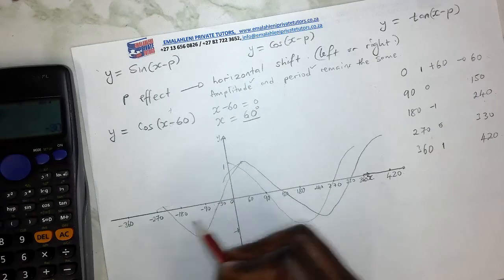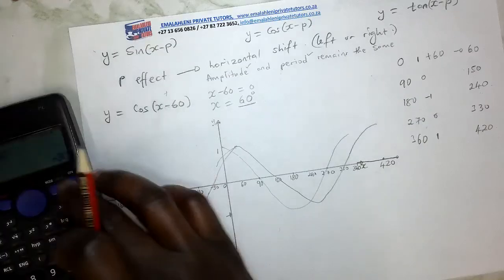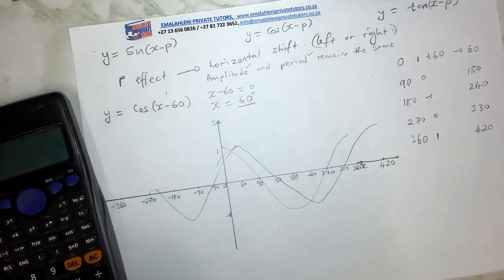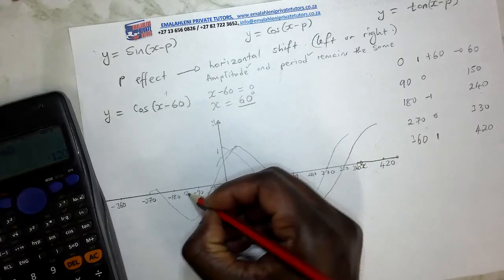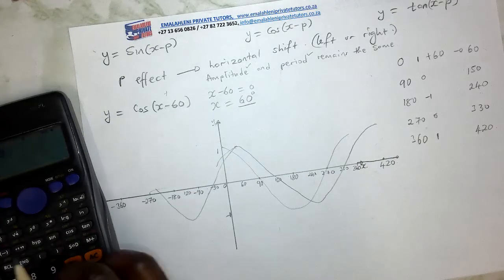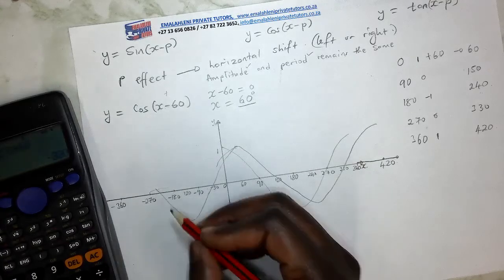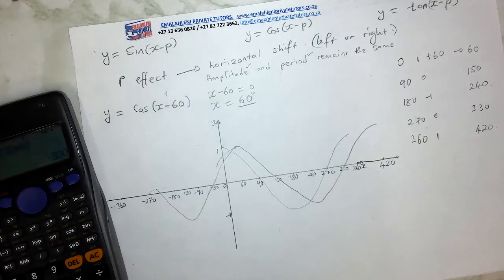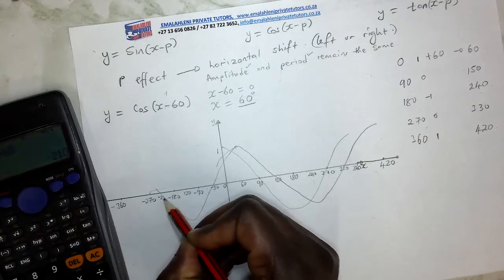Then it comes to what here? We've got negative 150. Let me see. Negative 180 plus 60, we get negative 120. Sorry, it's going to be negative 120 here. Then negative 270 plus 60, we get negative 210.